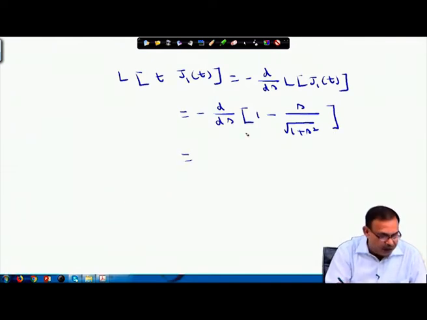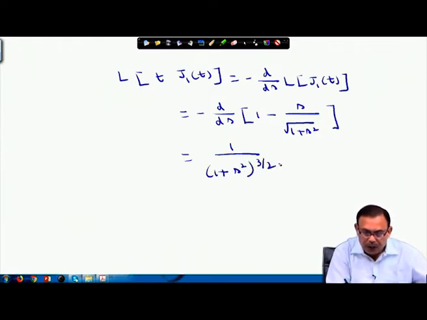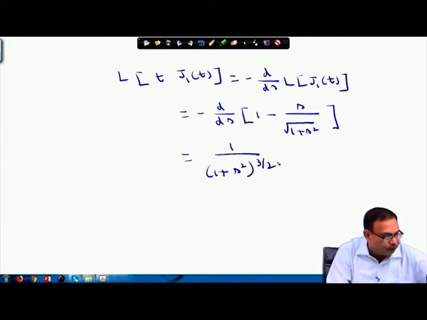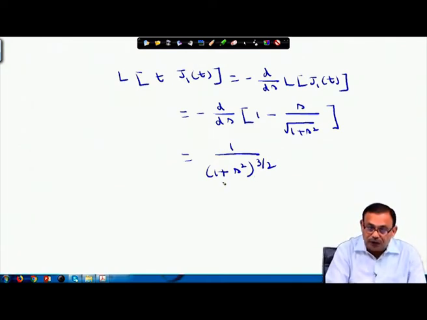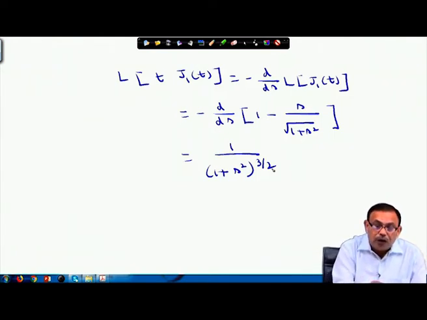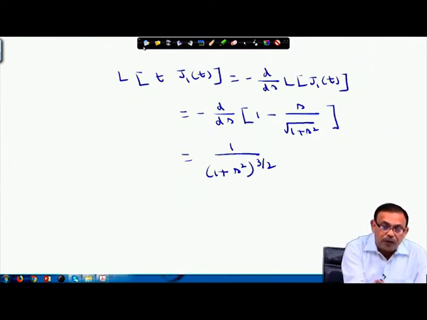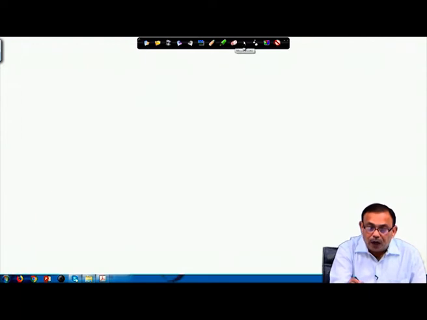And if we take the d/ds, I think you will obtain the result as 1 over 1 plus s square to the power 3 by 2. Please check this calculation, because this may be a little bit wrong, although I hope I have done it correctly. So, the Laplace transform of t J1(t) equals 1 by 1 plus s square to the power 3 by 2.